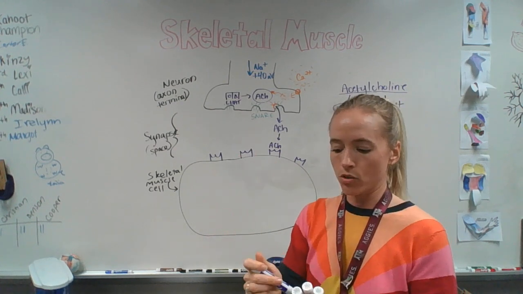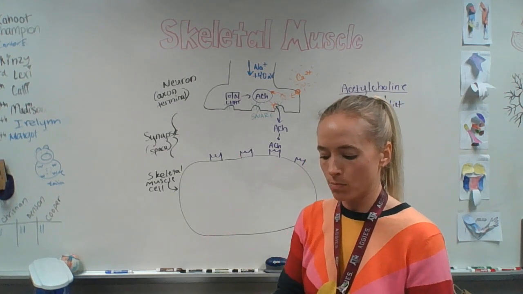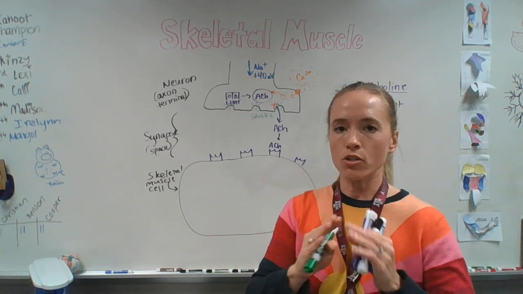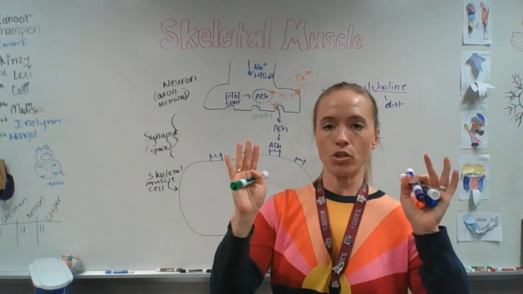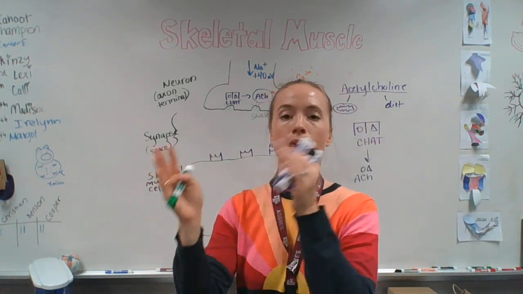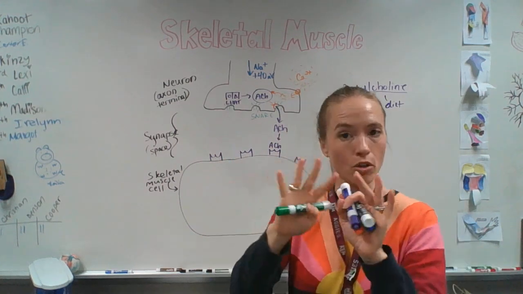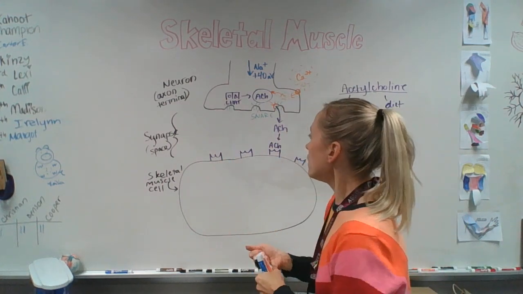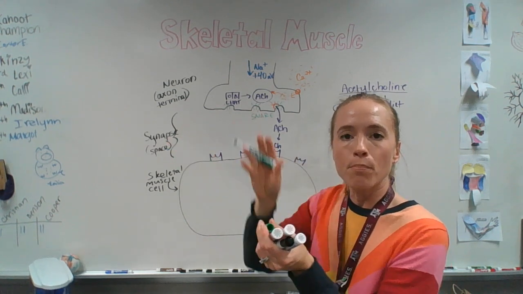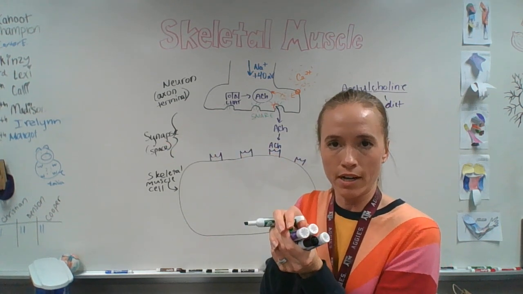First, I want to take a quick side note and explain the enzyme acetylcholinesterase. Acetylcholinesterase is a long name, but all they did was take the word acetyl and add esterase. So it's an enzyme that breaks down acetylcholine, right? Don't let it confuse you. Acetylcholinesterase is all in the synapse, and it goes through and breaks the bonds of acetylcholine.